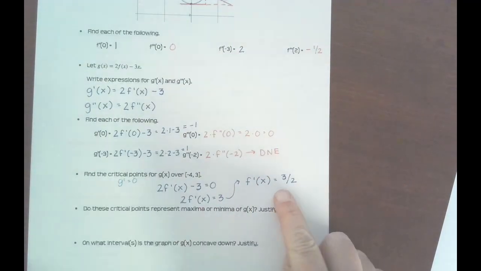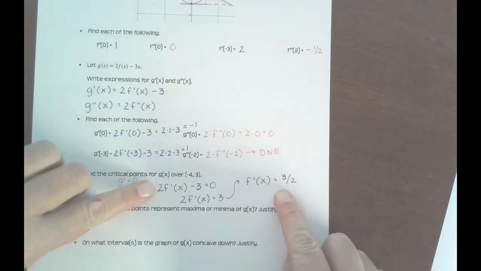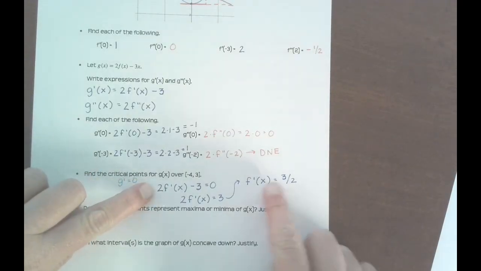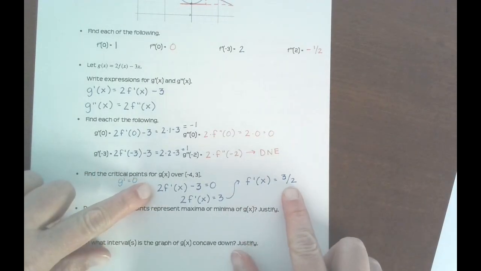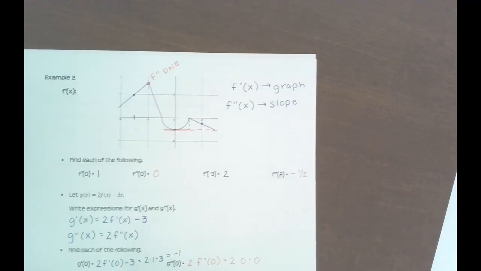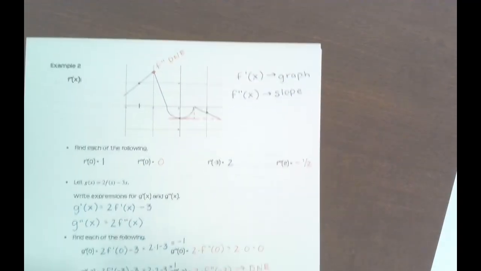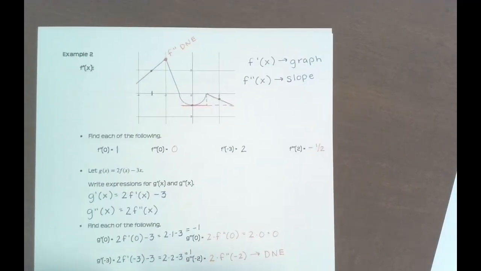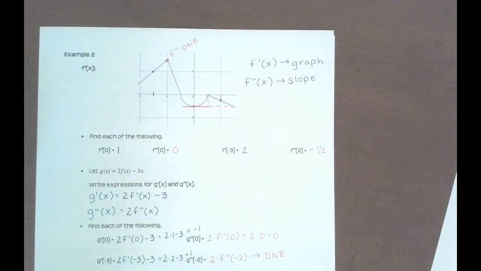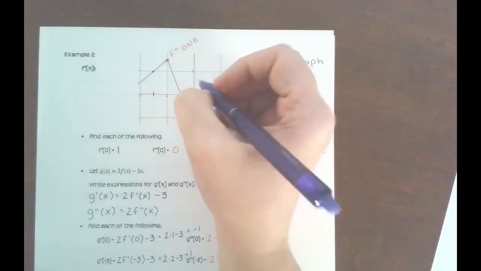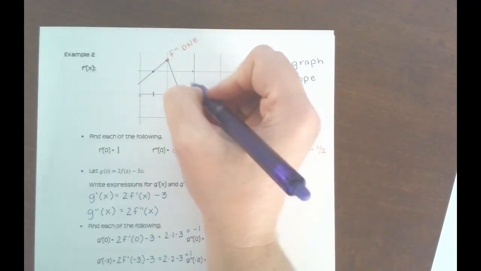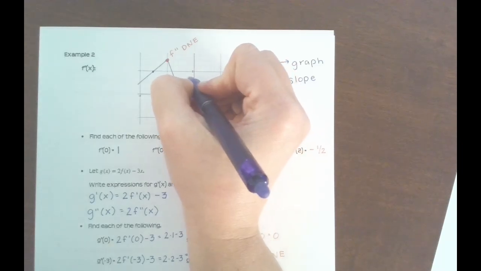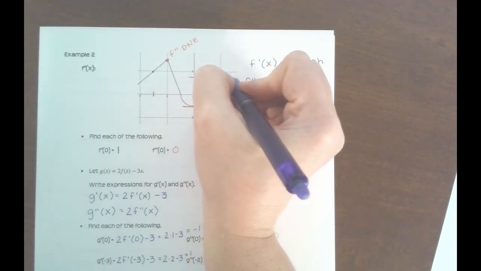That's where my critical points are going to be, right? Because I set my derivative of g equal to 0 and solved. So I want to look at this function because this is f prime up here. But now I'm not looking for when does it equal 2. I'm looking for when does it equal 3 over 2. All right, let's find that. 3 over 2 would be 1.5. So here's 1.5. That'd be this right here.